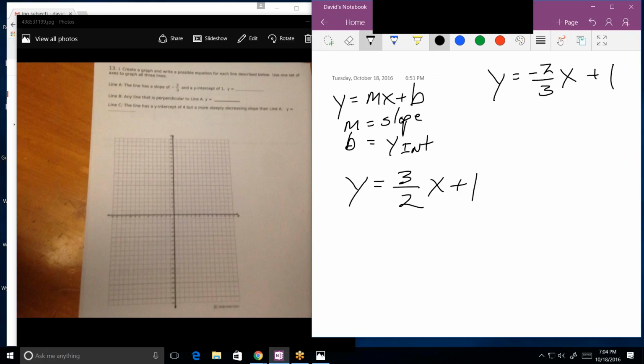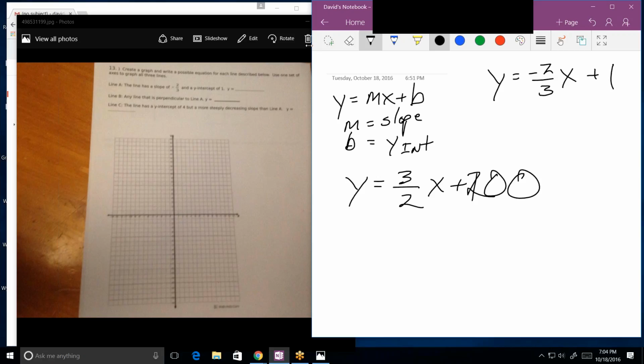And to tell you the truth, it could be plus 2, it could be plus 20, it could be plus 200. It doesn't matter what the y-intercept is. The only thing we care about for perpendicularness is negative reciprocal slope.